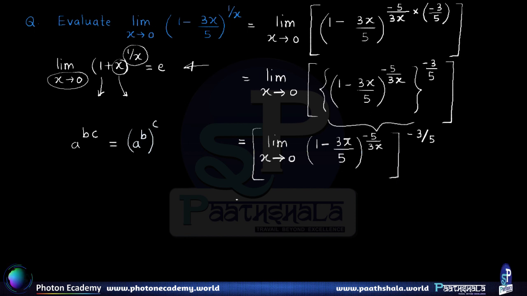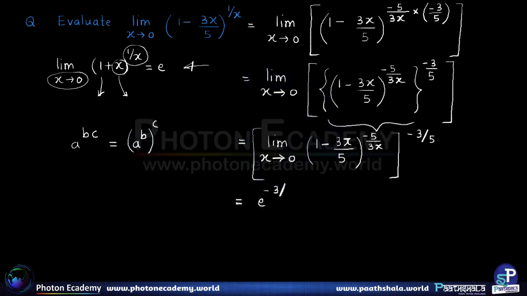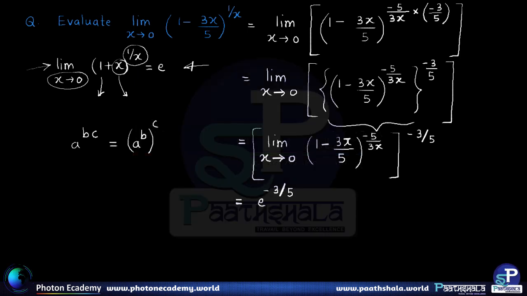So therefore the answer would be, the limit is nothing but e raised to the outer index, that is nothing but minus 3 by 5. This is the final answer, right? So we use the formula in order to arrange the standard format. Now let's see one more example.